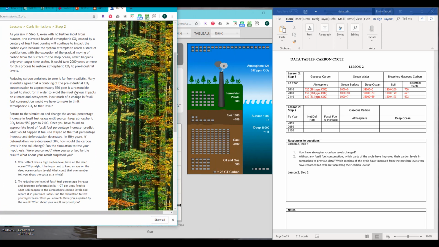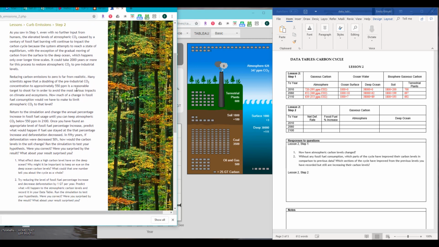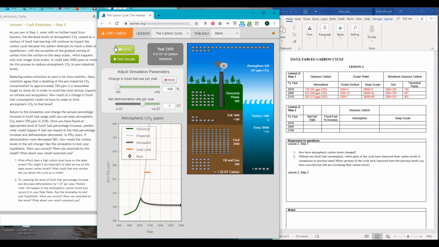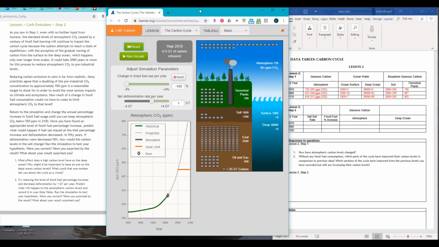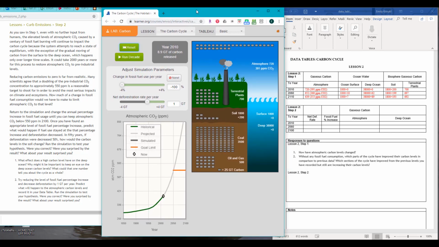Okay. Even with no further input from humans, the elevated levels of CO2 caused by a century of burning fossil fuels will continue to impact the carbon cycle, blah, blah, blah. Reducing emissions to zero is far from realistic.